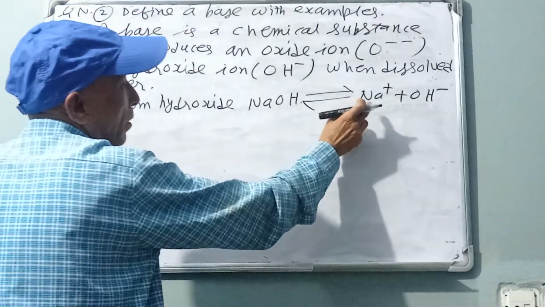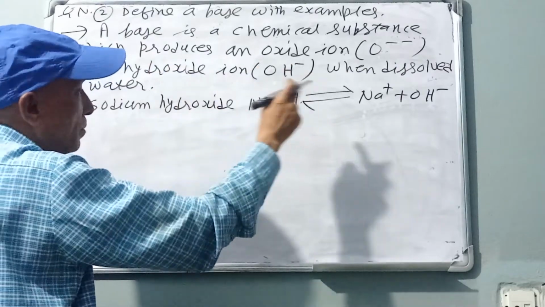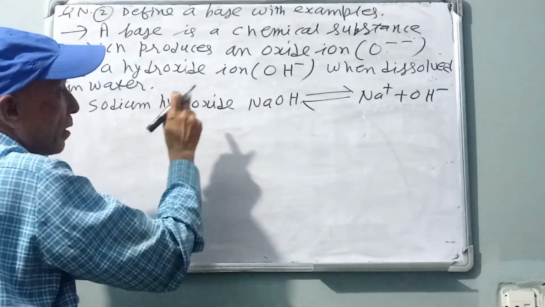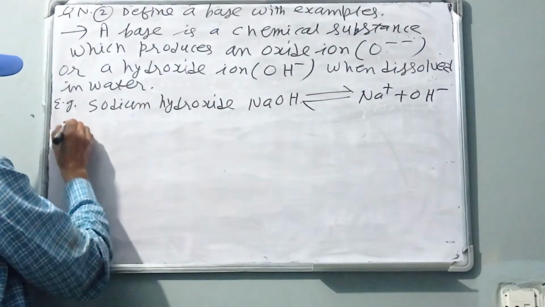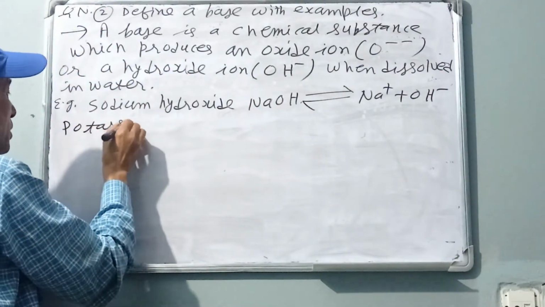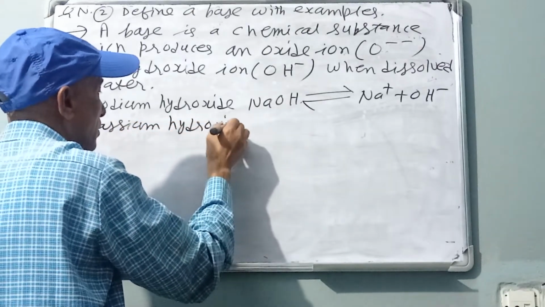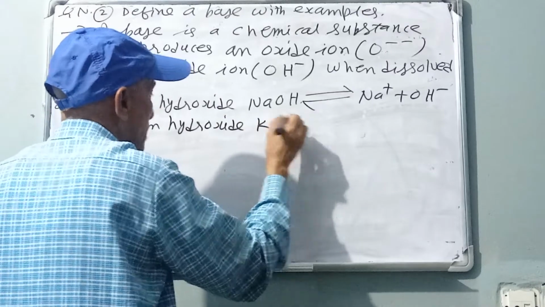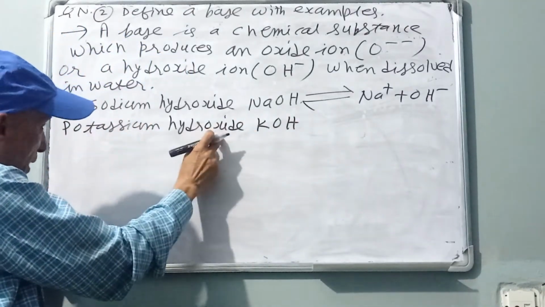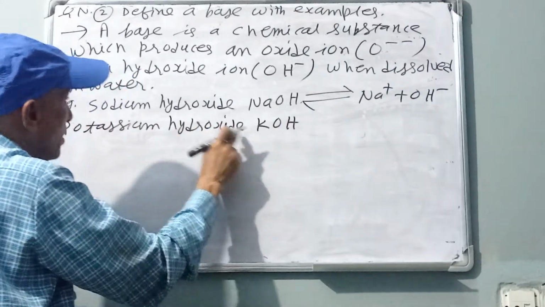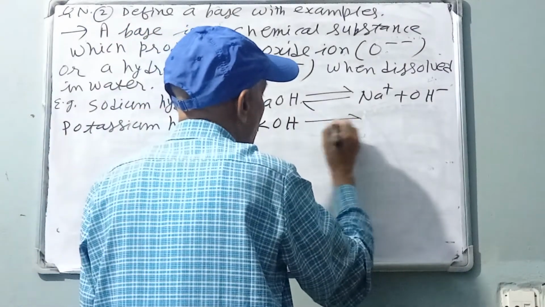It changes red litmus blue. Acid turns blue litmus red, whereas base turns red litmus blue. Sodium hydroxide NaOH, potassium hydroxide KOH. It is also called caustic potash. Caustic potash means potassium hydroxide, and caustic soda means sodium hydroxide.